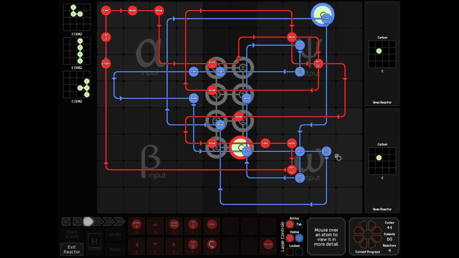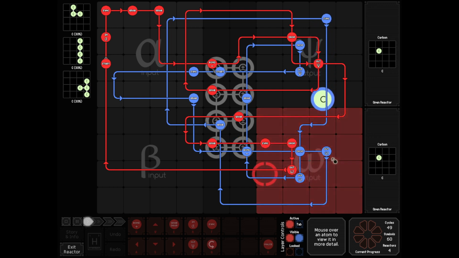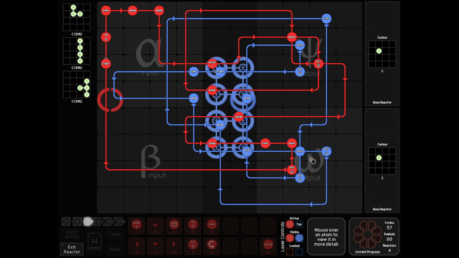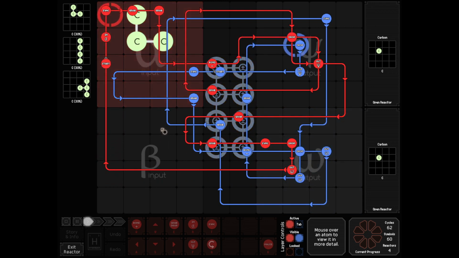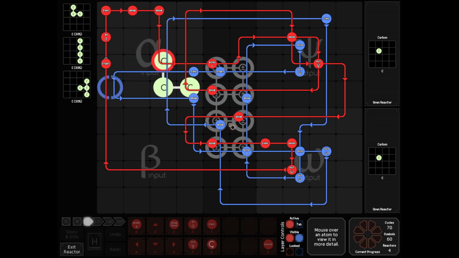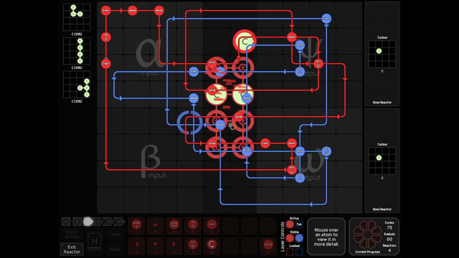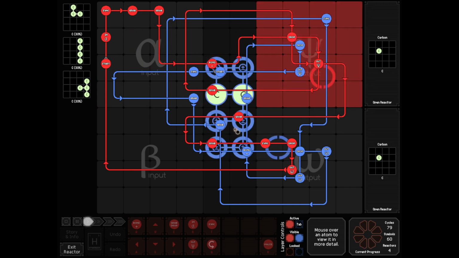But we'll see if this works. So now red's gonna wait. That's fine. Not that much of a wait. So we fixed one potential issue. This should just be the same.